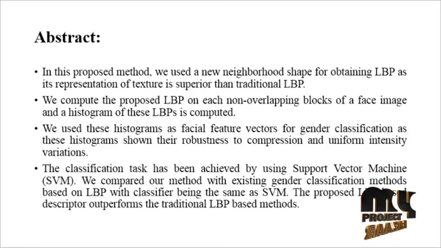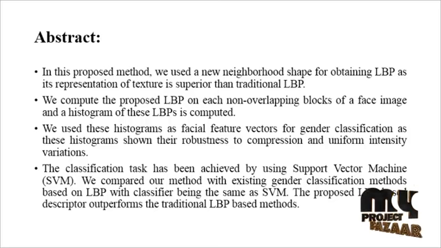We compute the proportional LBP for each non-overlapping block on the face image as a histogram. We use these histograms as facial feature vectors for gender classification, as these histograms show robustness to compression and uniform intensity variations.